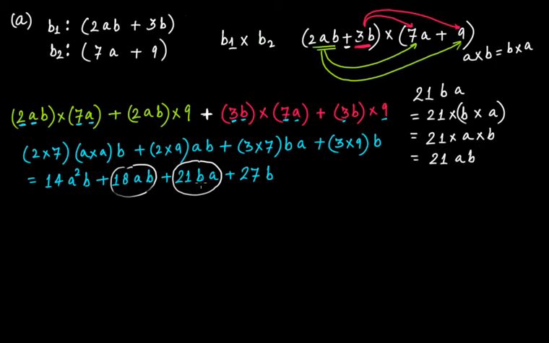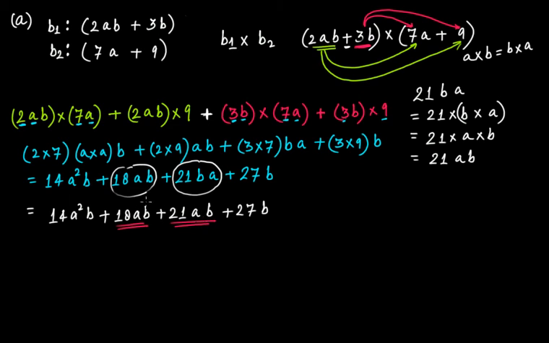So if you write this 21ba as 21ab, we get 14a squared b plus 18ab plus 21ab plus 27b. If you look at these two terms of this polynomial, they are actually like terms. Why like terms?